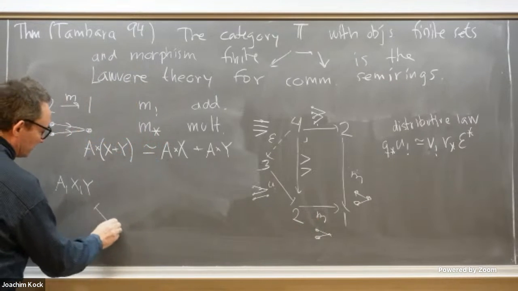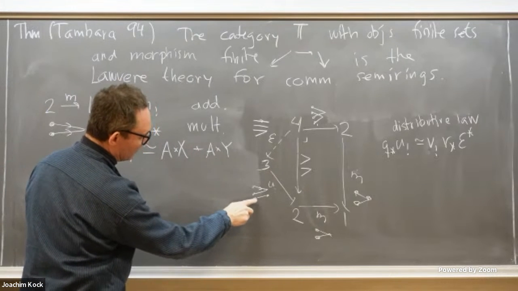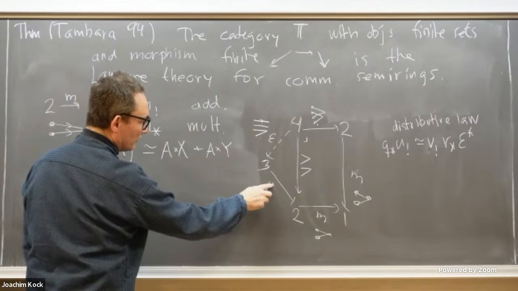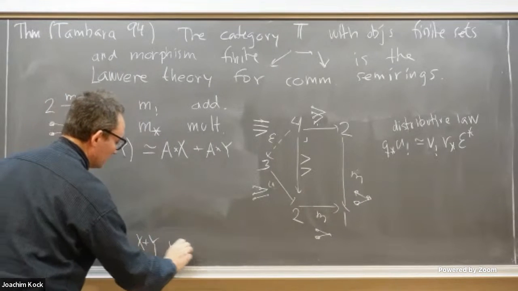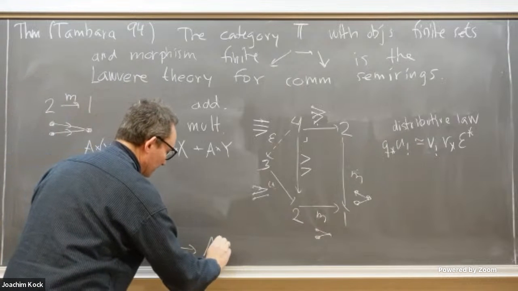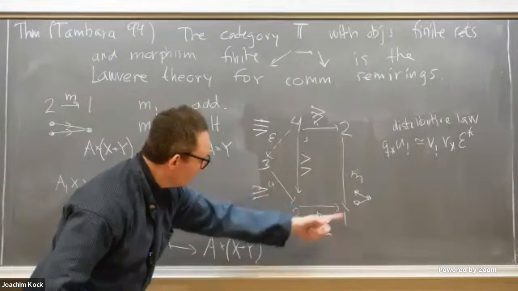I'm reading these diagrams from bottom to top. So A is just copied over, but these are added by the shriek. This gives us this. And this is a multiplication. So here I multiply, and I get A times X plus Y. So that's this way around.